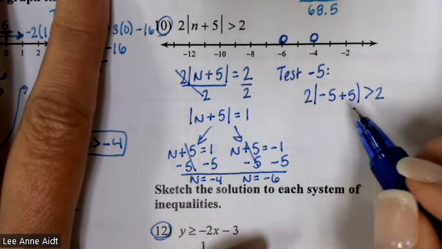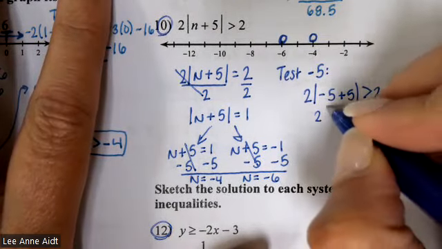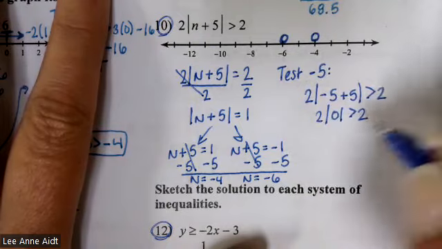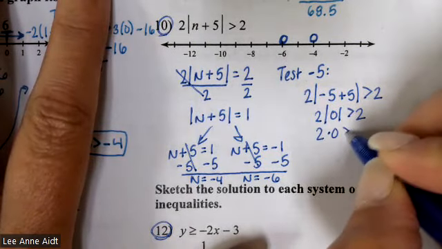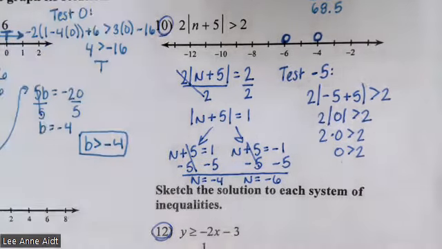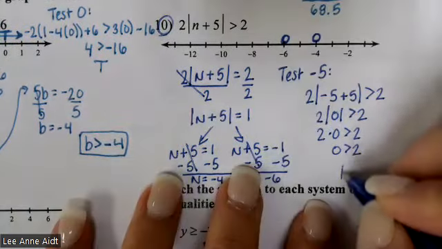Okay, -5 plus 5 is 0. 2 times the absolute value of 0 is greater than 2. 2 times 0 is greater than 2. 0 is greater than 2. False.